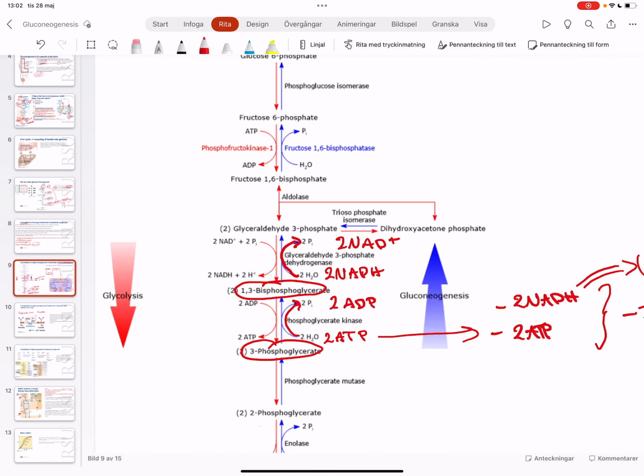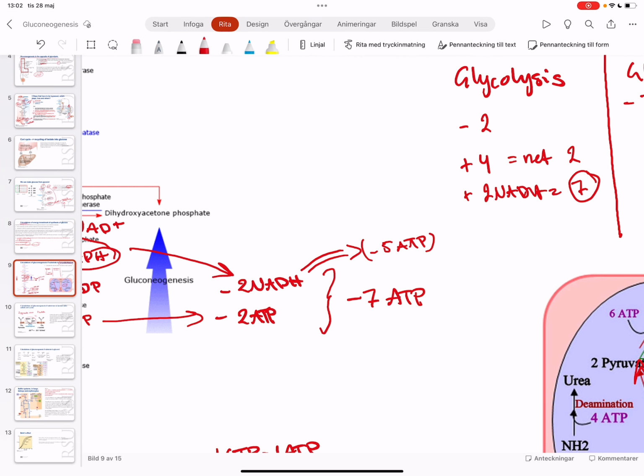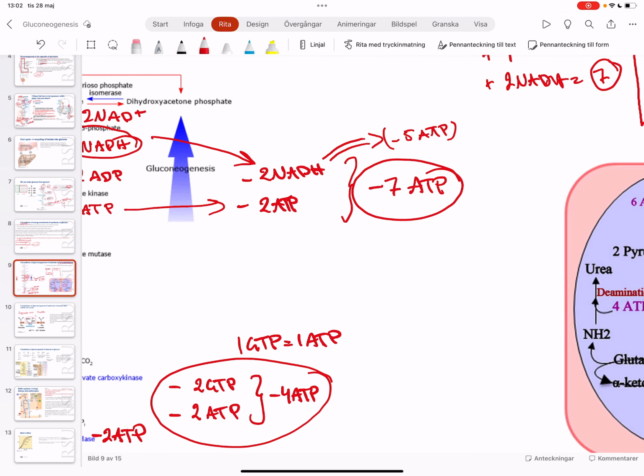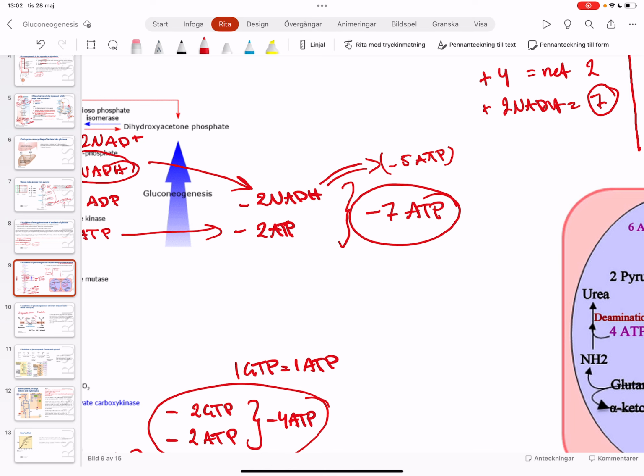Then from 1,3-bisphosphoglycerate to glyceraldehyde 3-phosphate, we will use 2 NADHs. So that's minus 2 NADH. This equals, in total, minus 7 ATP. So here we have minus 4 ATP, here we have minus 7, that equals, so far, minus 11 ATPs.